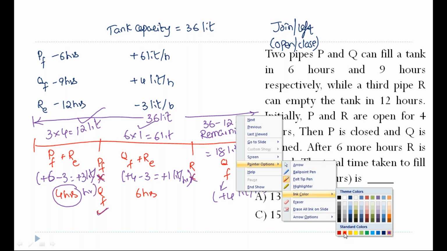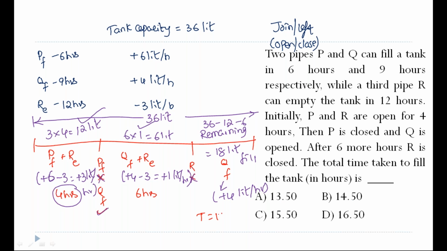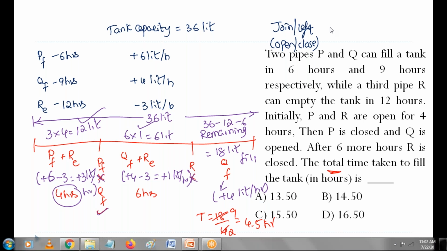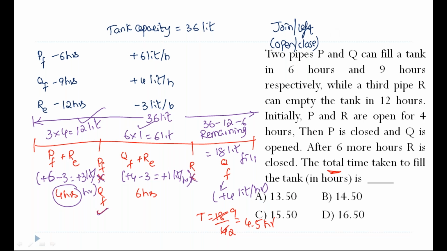So what is the time taken? It is 18 by 4, because 18 is the task and you are filling 4 liters per hour, which is 9 by 2, 4.5 hours. Now, my dear friends, total time taken is initially 4 hours, then 6 hours, finally 4.5 hours.